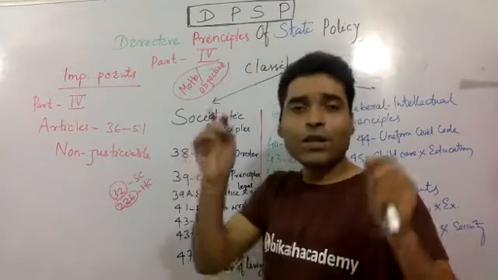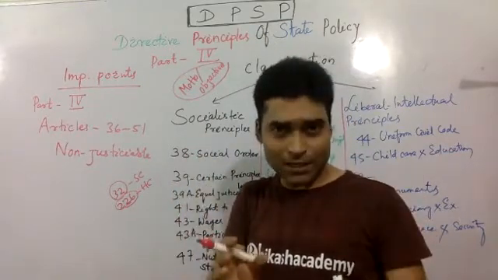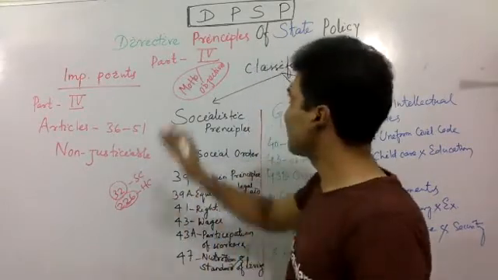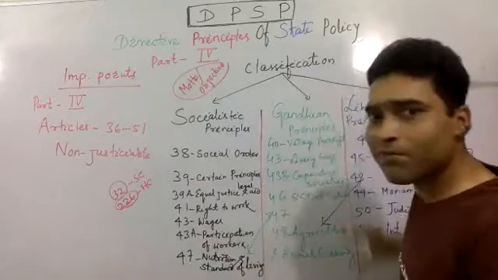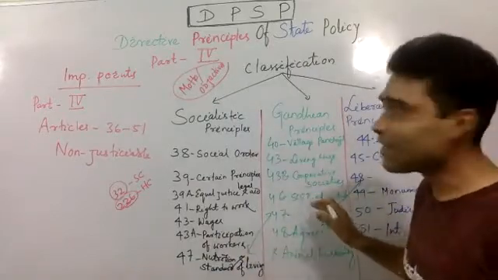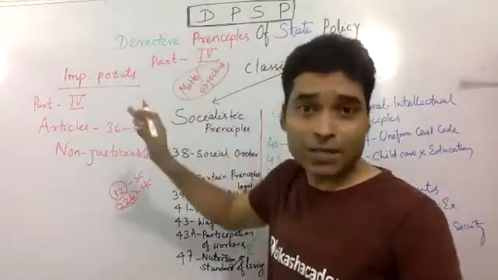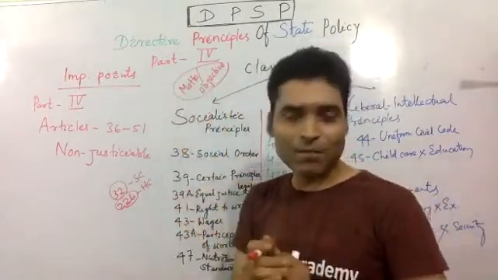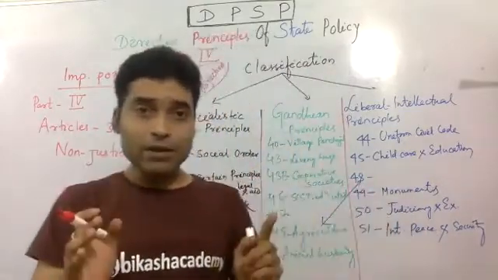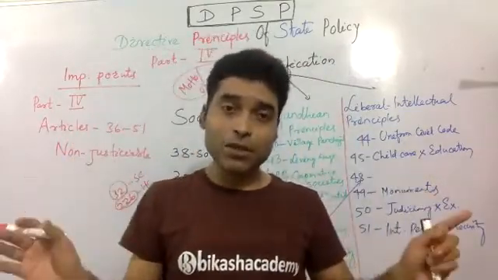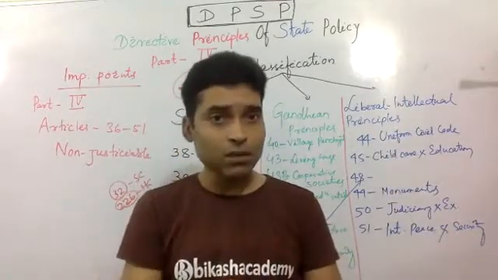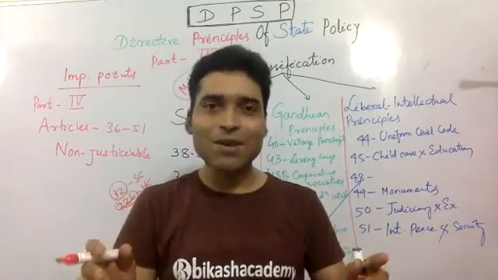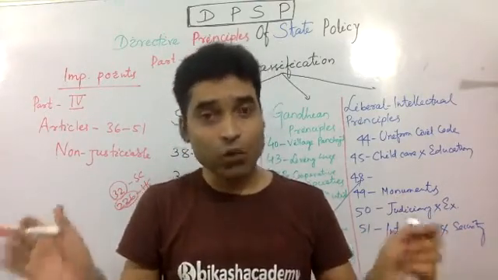When the government formulates policies, the government should keep in mind the good number of principles which are mentioned here, right? That means the government must keep in mind those Directive Principles of State Policy which are mentioned in the Constitution of India starting from Article 36 till 51, for the sake of citizens, because India is a welfare state.